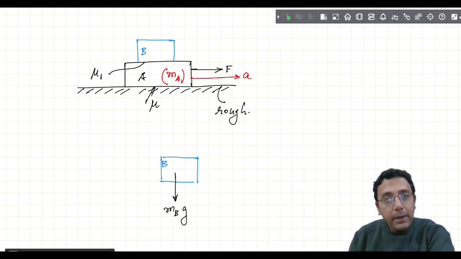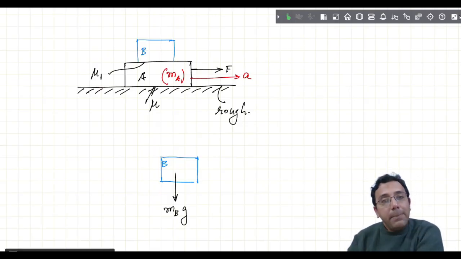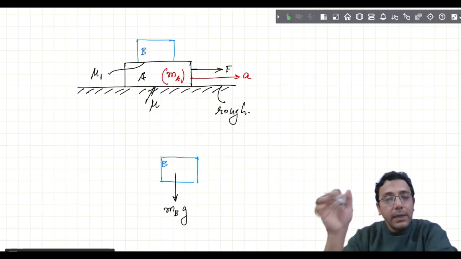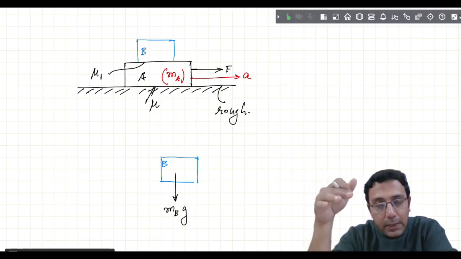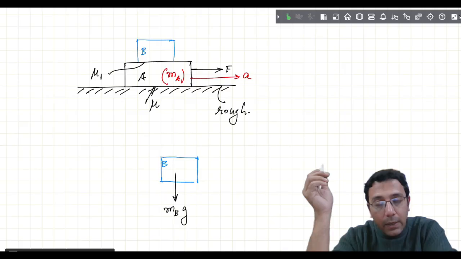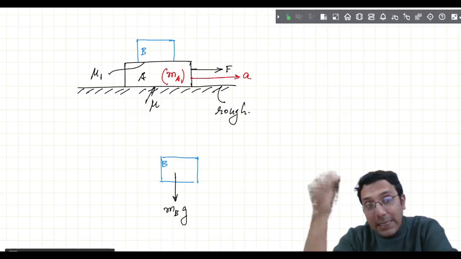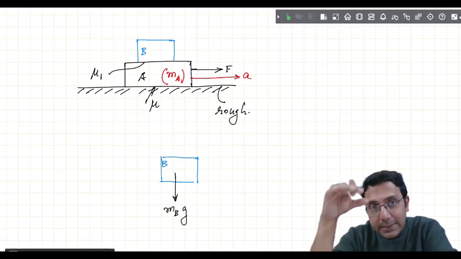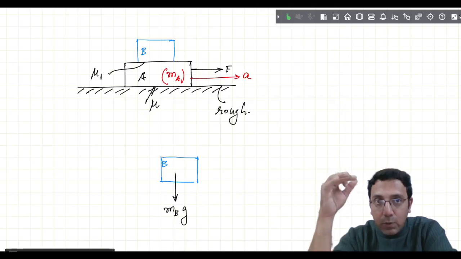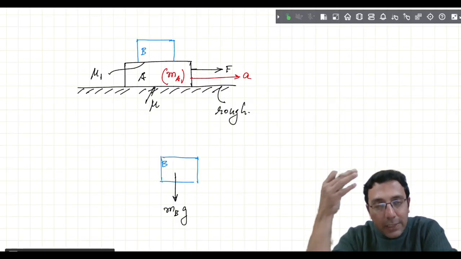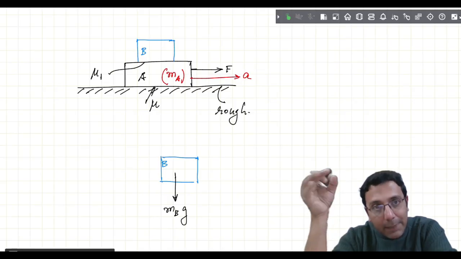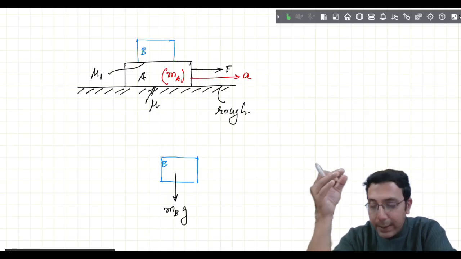The body B is also accelerating to the right because it is just sitting over body A, and we assume the surface between B and A is not smooth, so a friction coefficient exists. Body B is not slipping. It is sitting steady. So who is preventing it from slipping? Of course, friction. Friction is preventing body B from slipping over body A, right?